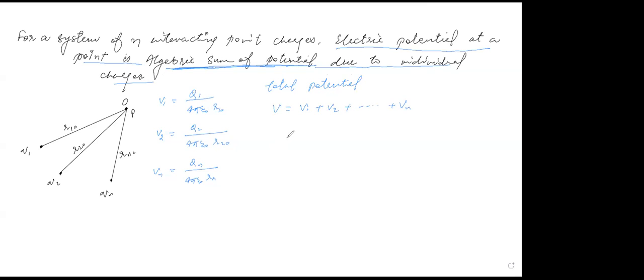Okay. And now, what is your value of V1? Your value of V1 is Q1 over 4 pi epsilon naught r10, and V2 is Q2 over 4 pi epsilon naught r20, up to Qn over 4 pi epsilon naught rn0. Are you understand?